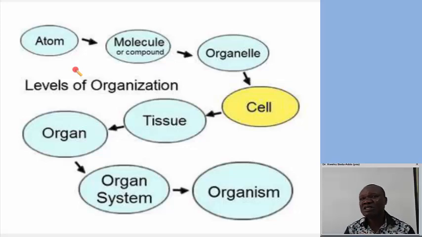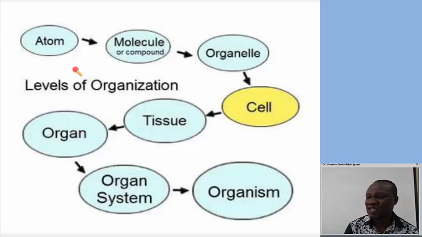Now, in multicellular organisms, we have cells coming together to form tissues, which is the next level of organization. So a tissue is made up of cells with similar structures and functions. Now, these will come together to form a tissue.